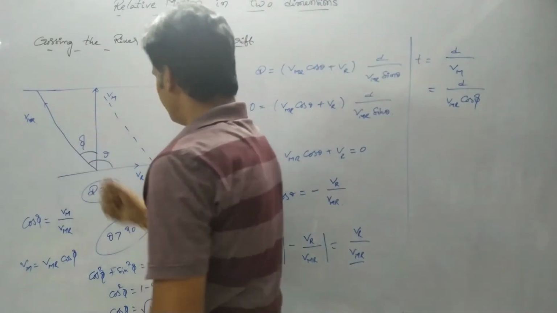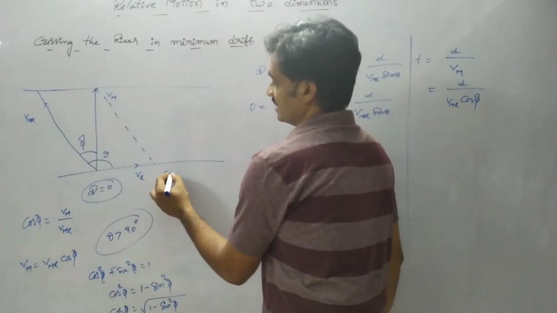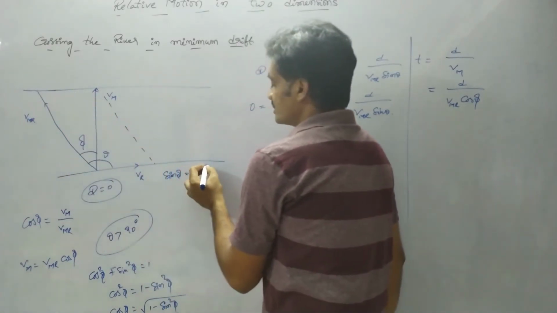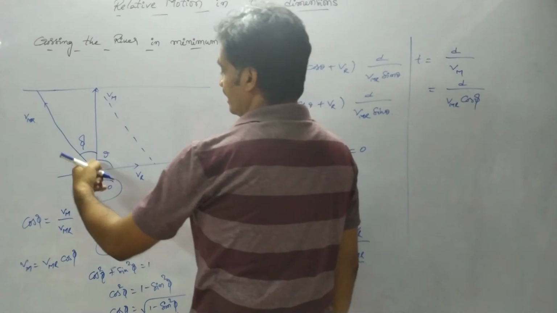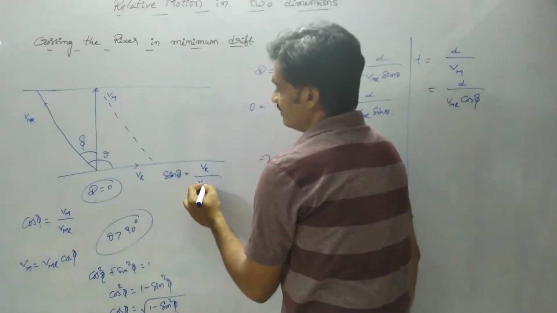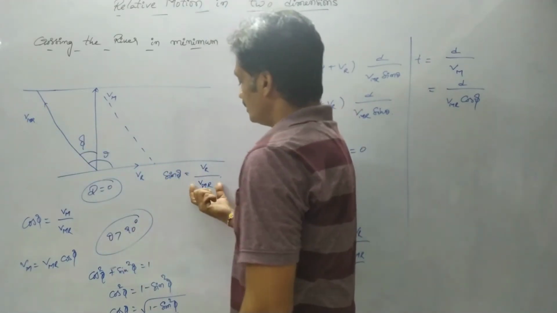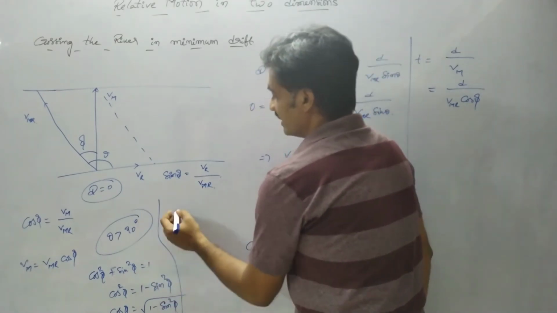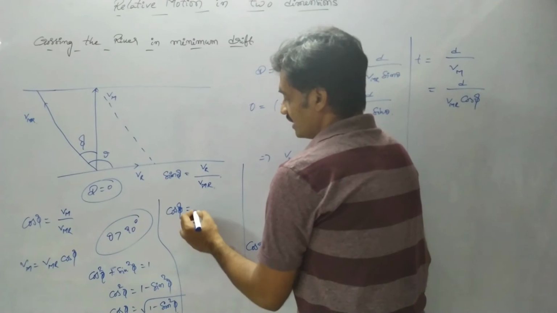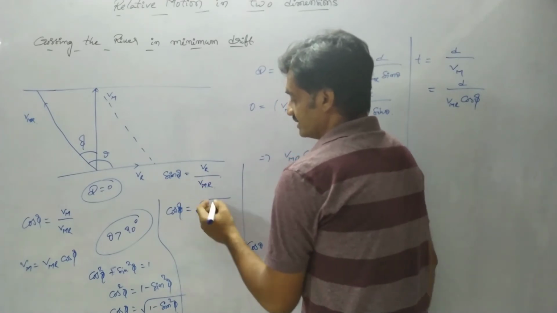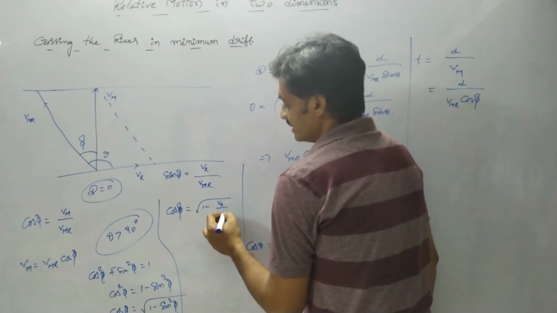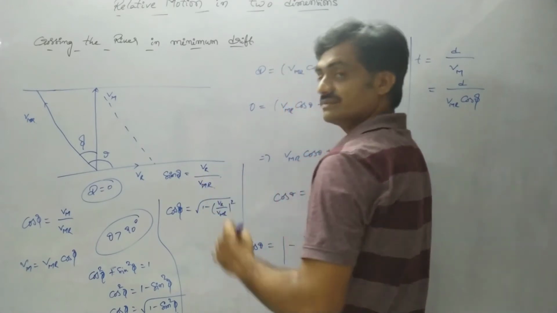Here observe that sin phi is equal to the opposite side, the velocity of the river, by the hypotenuse, the velocity of the man with respect to river. If we substitute this value in this equation, we get cos phi is equal to under root of 1 minus v_r by v_mr whole square.